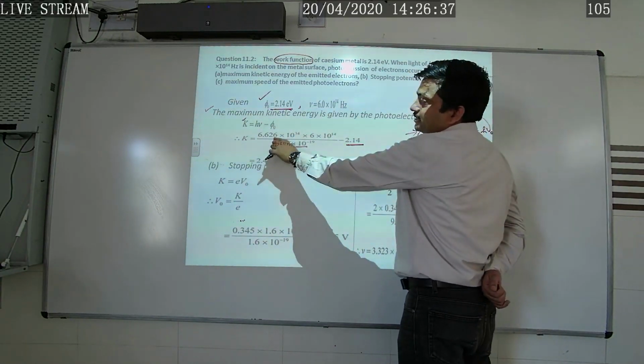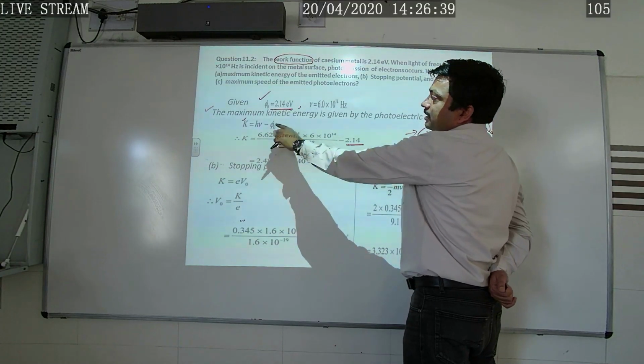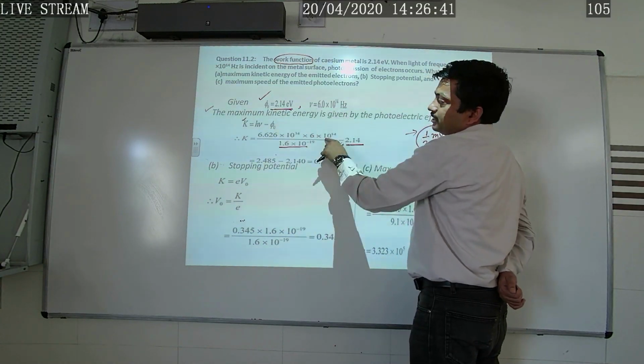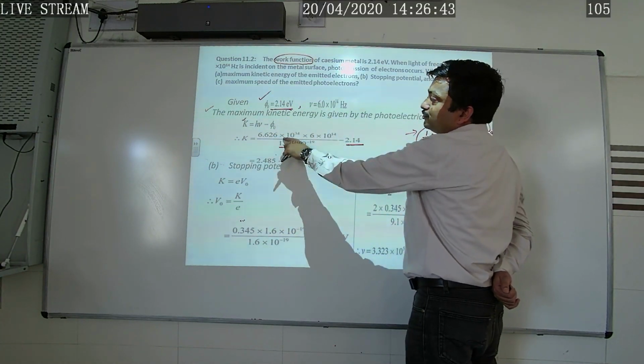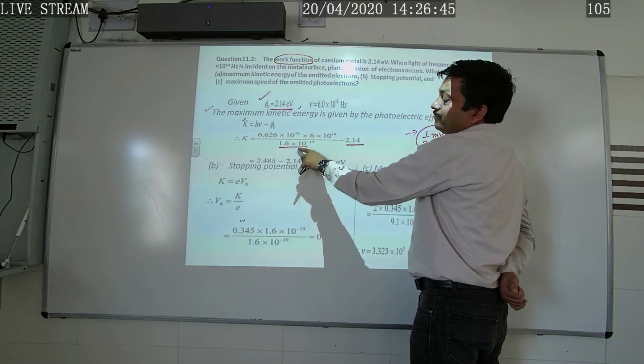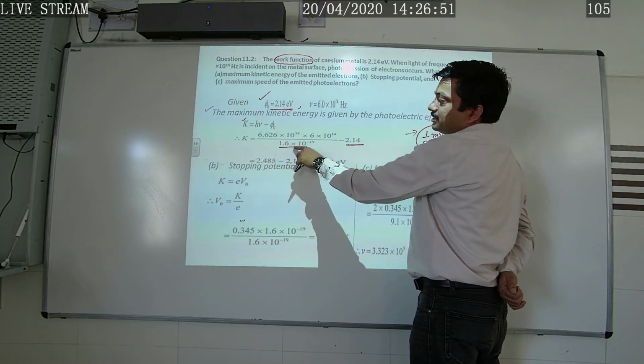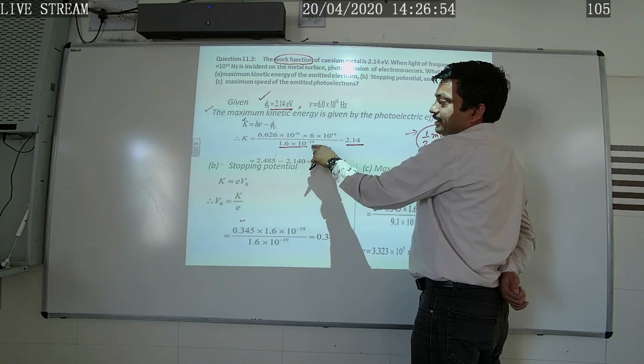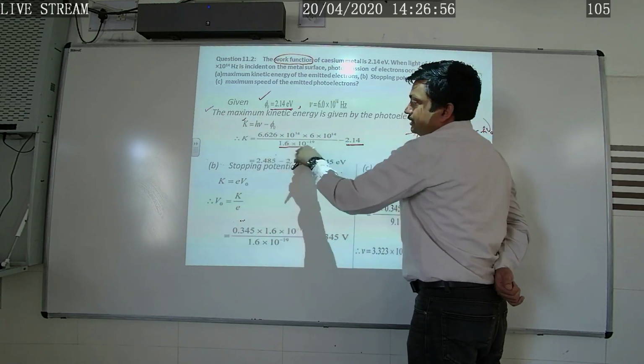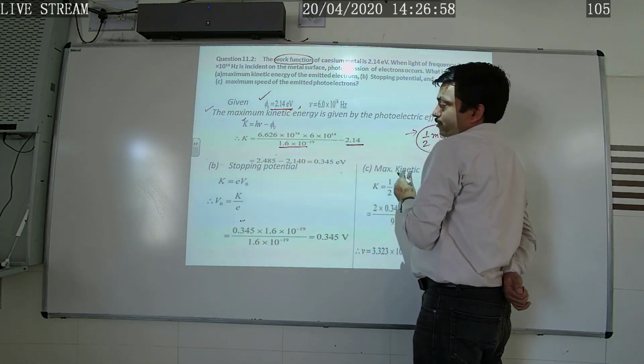Here h is the Planck's constant, nu is the frequency, which is also given to us, and when we divide by the charge of the electron, 1.6 into 10 to the power minus 19, we get this entire term in electron volt.